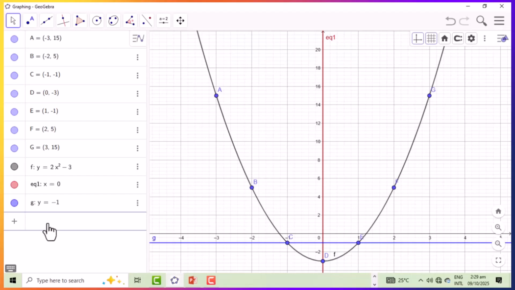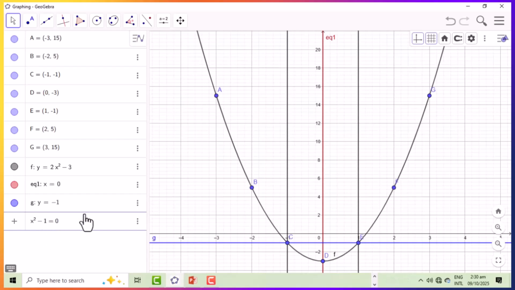So let me plot in the equation x squared, and let's look at something here. After putting in this quadratic equation, we could see that there are these two lines. Let me change the color.